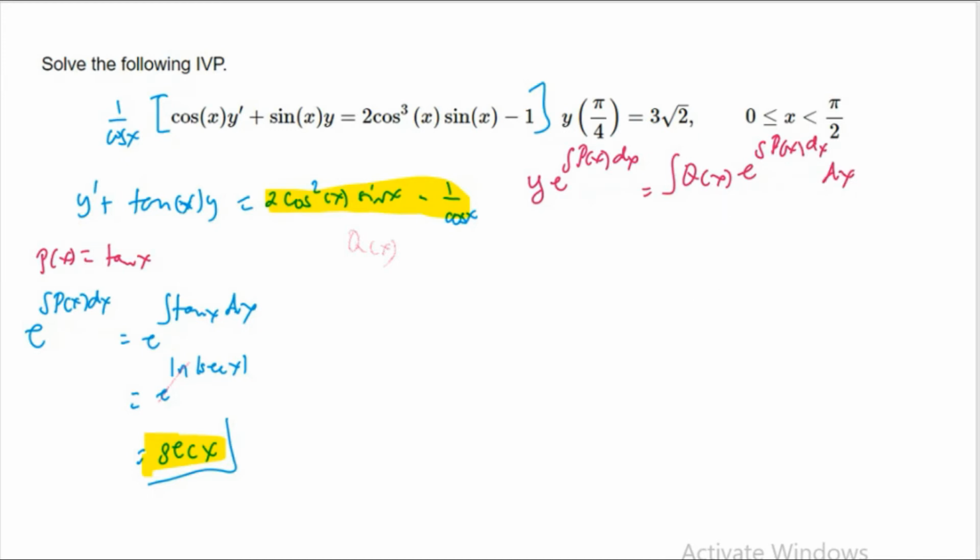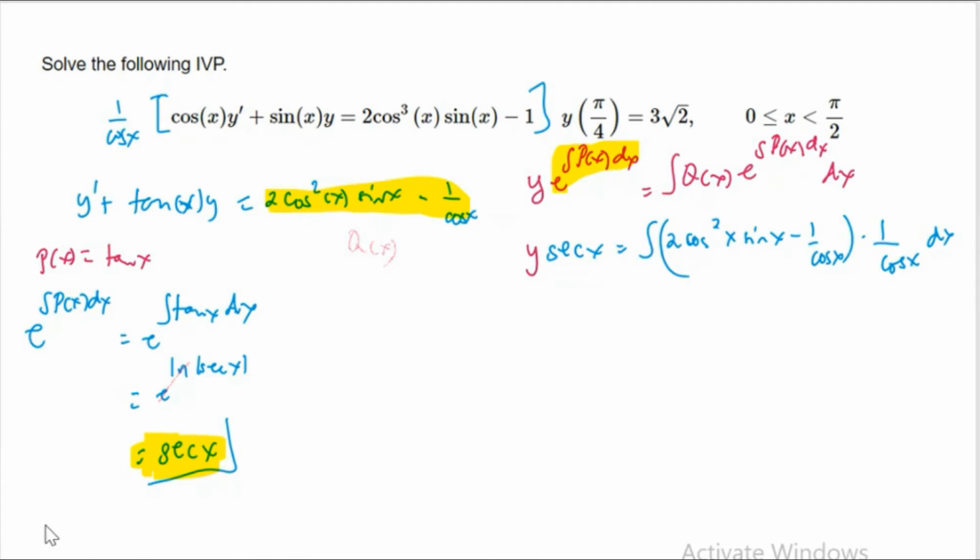By substituting the value of the integrating factor, we can write y times secant x is equal to the integral of q of x, which is 2 cosine squared x sine x minus 1 over cosine x, times the integrating factor secant x, or we can write here 1 over cosine x, dx.